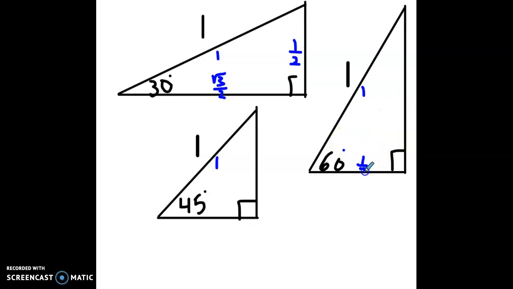This would be 1/2, and this would be the square root of 3 over 2. And in a 45, 45 triangle, the leg is the hypotenuse divided by the square root of 2, which if you rationalize the denominator, you end up with the square root of 2 over 2, and both of the legs are the same distance there.